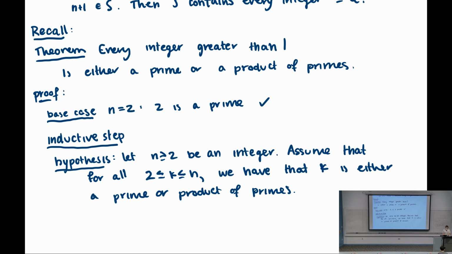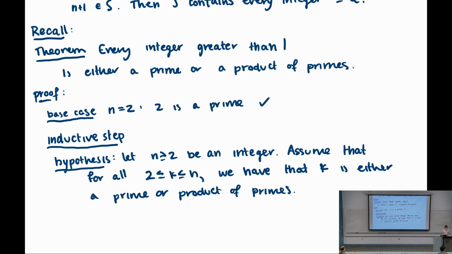After we've done the proof, you should look back and think about why it was helpful to assume that all numbers between 2 and n satisfied the statement and not just the number n, because this is the key difference between induction and strong induction.